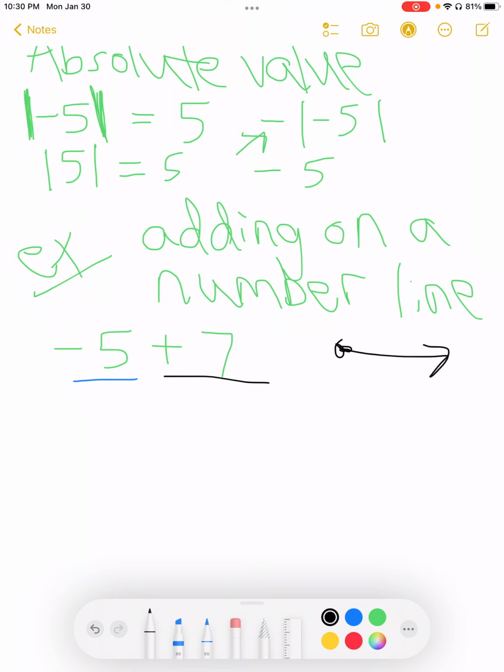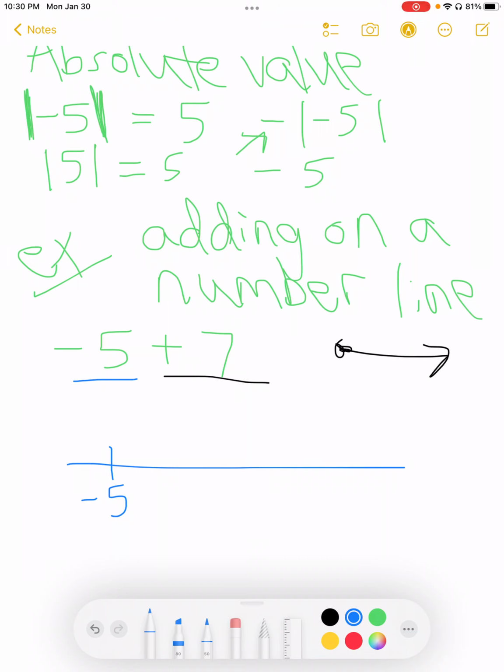Let's think about that in terms of a number line. So there's my nice kind of straight line here. I'll be over here at -5, and I'm adding 7. So if I owed somebody $5 and then I gave them $7, say, for all the trouble of borrowing $5, I'm gonna give you $7.